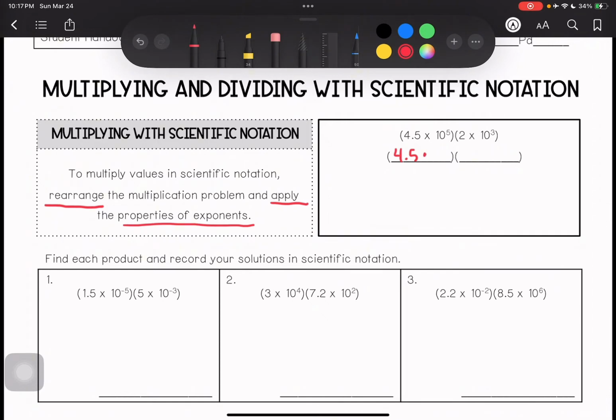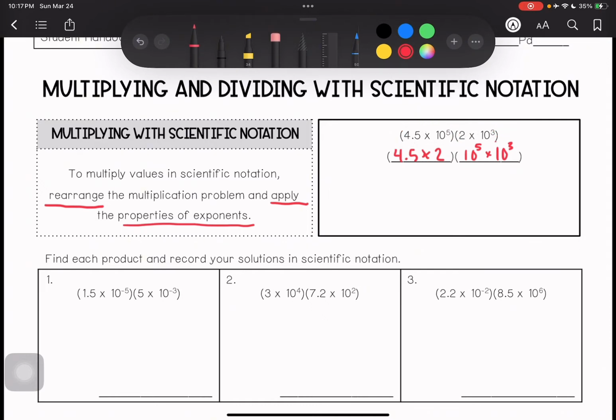So I'm going to multiply 4.5 times 2, and I'm going to multiply 10 to the 5th power times 10 to the 3rd power. Then you apply the same rules as when you multiply, because the parentheses around each of these mean to multiply. So we're just going to apply the rules of multiplication to both of these.